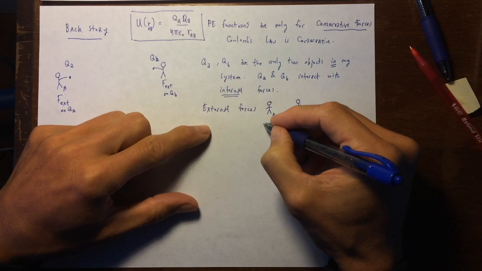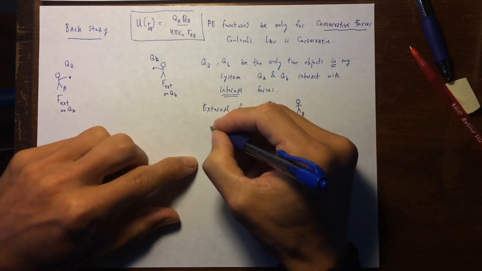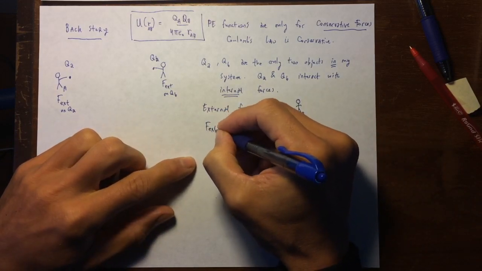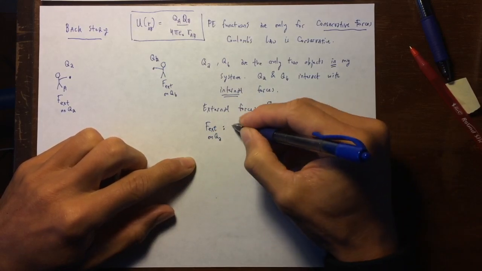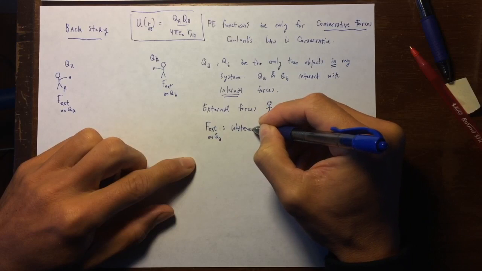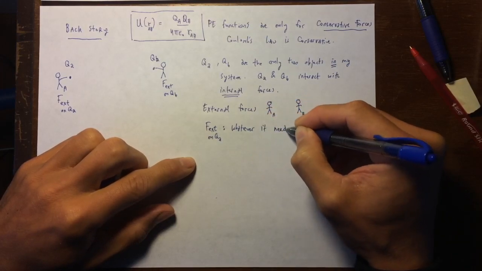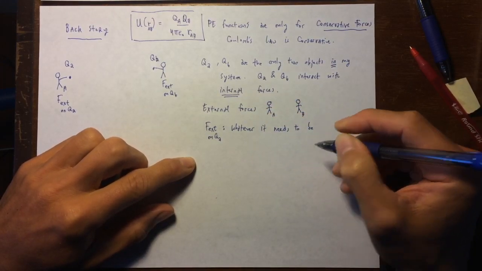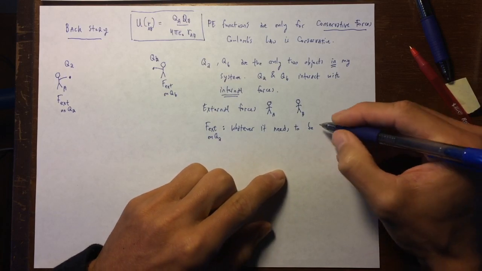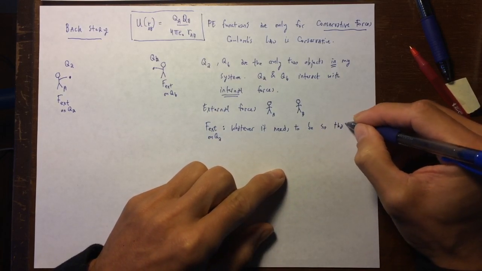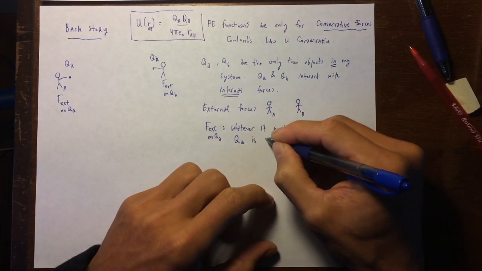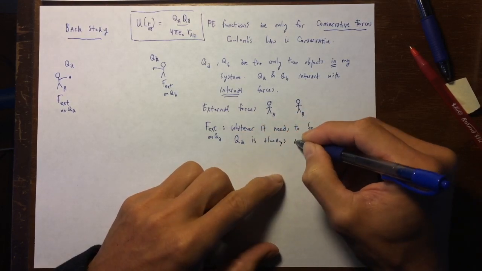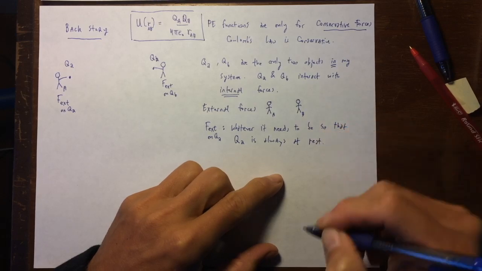Person A has a directive. The external force on charge A is whatever it needs to be so that QA is always at rest.